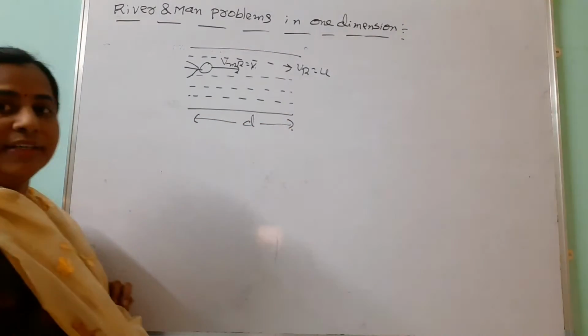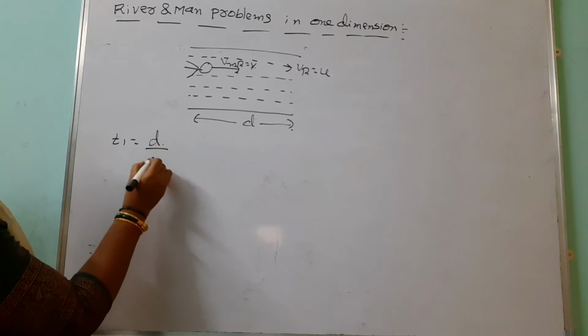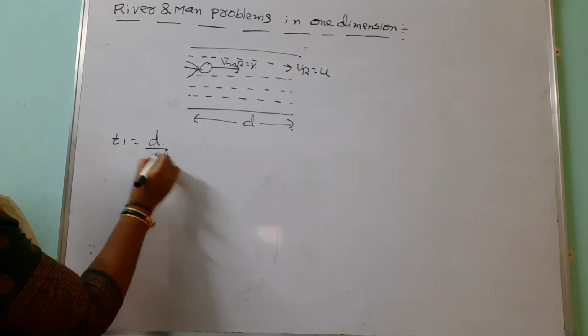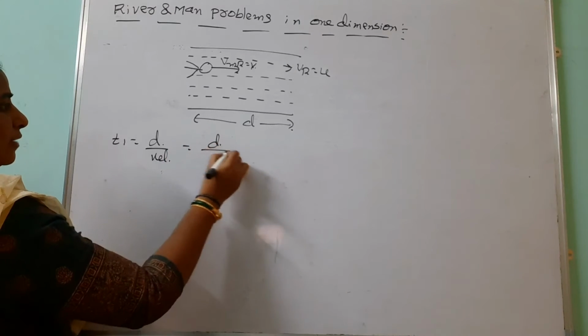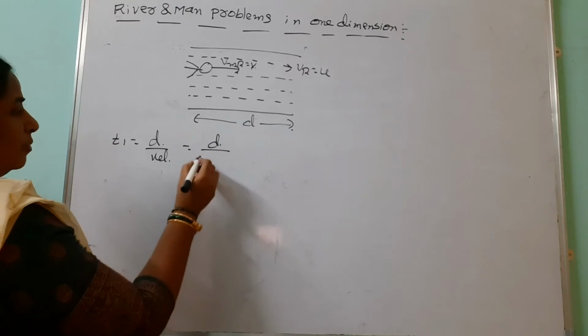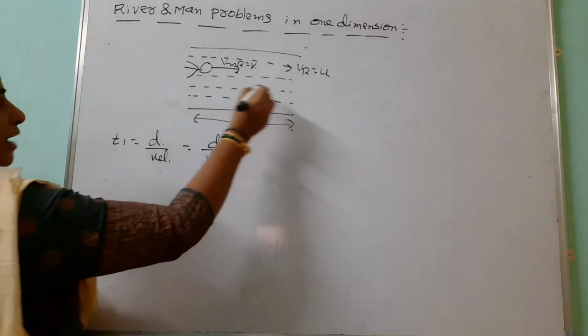How much time will he take? You know that time equals distance by velocity. Already you know that in downstream, the velocity of the swimming man is V plus U.